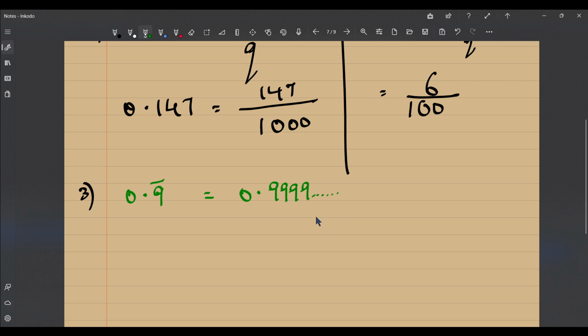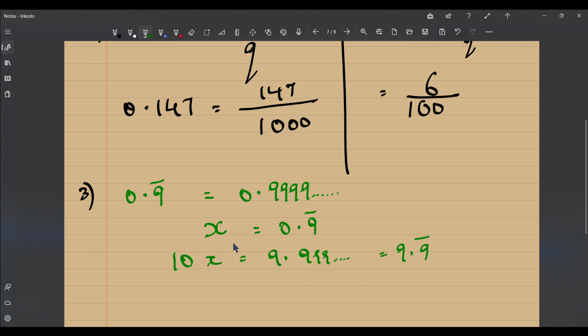In order to represent this as a fractional number, first let's assume that x is the fractional number which denotes 0.9 bar. So x is equal to 0.9 bar, or 0.9999. Multiplying this by 10, 10x, you just get 9.99999, which is 9.9 bar.